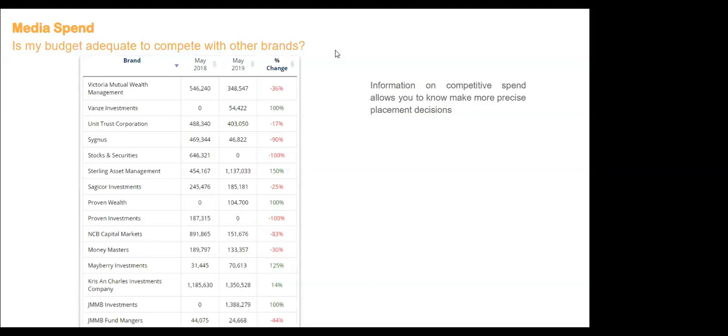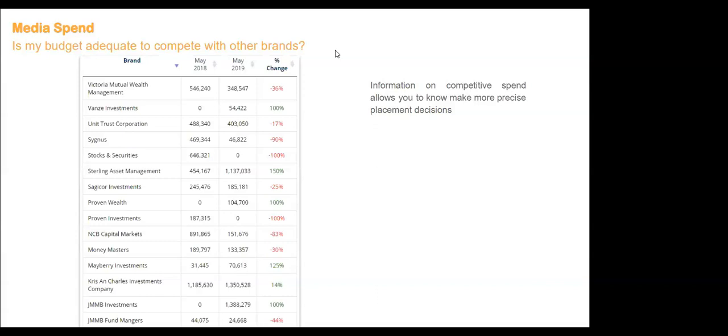And understanding the competitive landscape really helps you make better decisions about how to spend and allocate your own budget. So for example, you may notice over a period of time, well, my competition is spending more on radio, and I am spending the bulk of my media investment on newspaper.